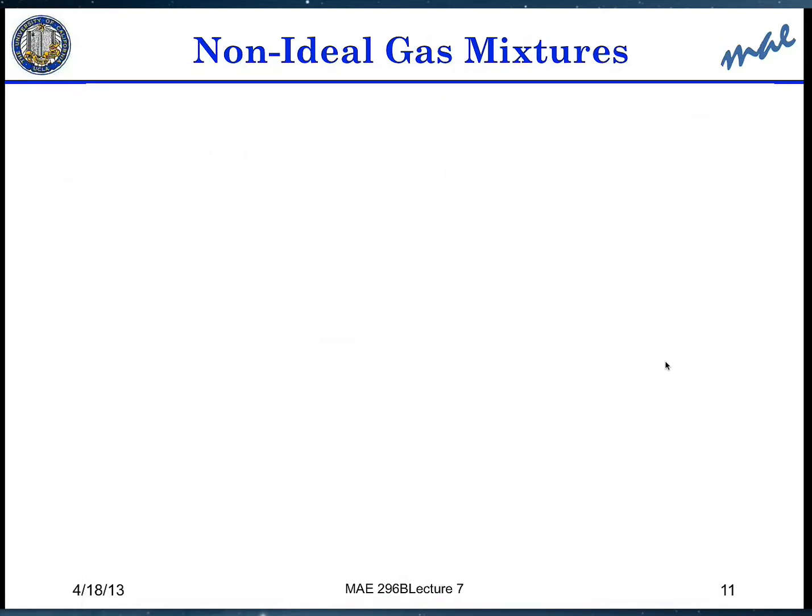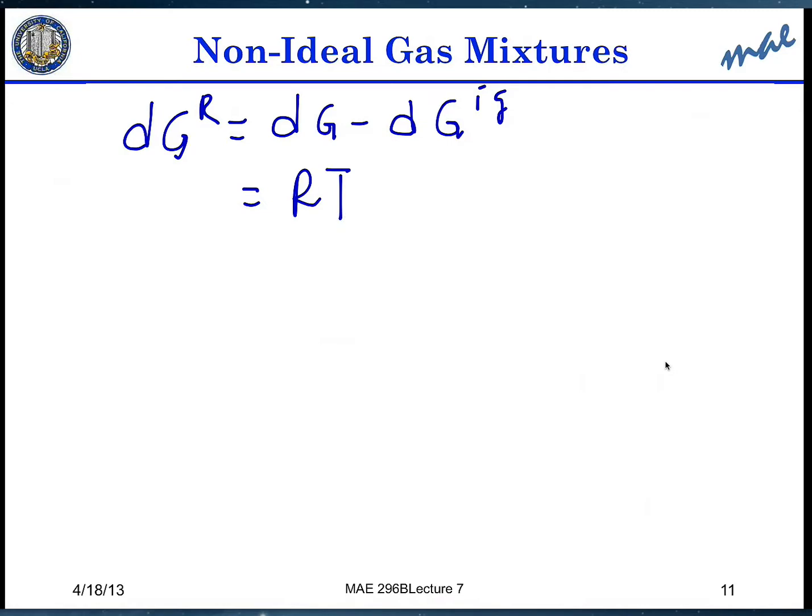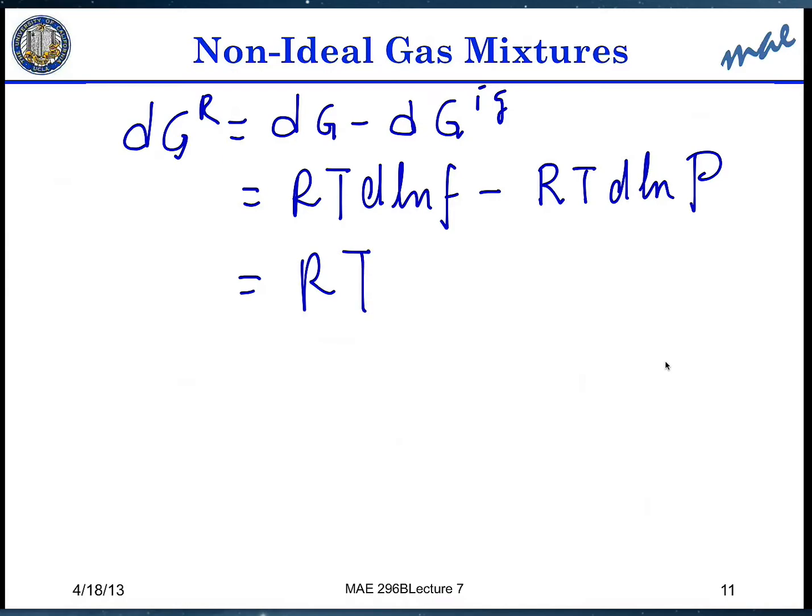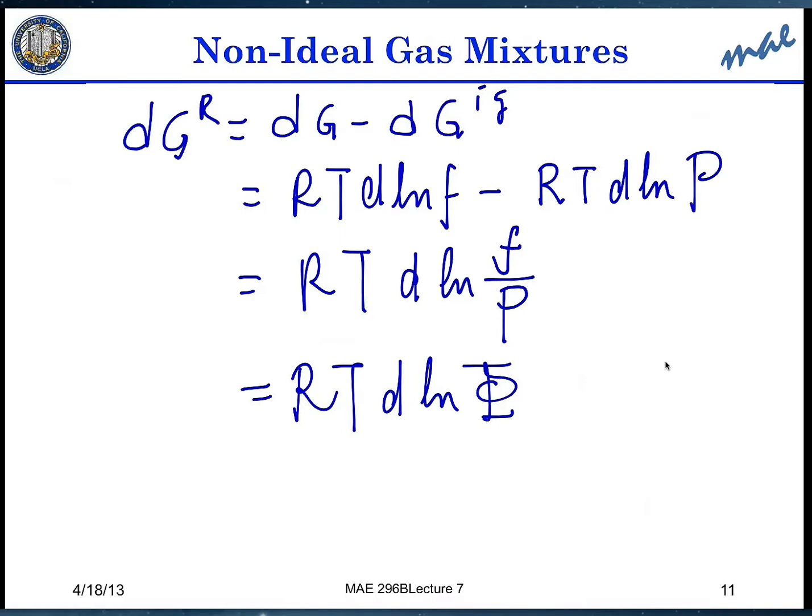As you can see here, I'm going to write dG residual is equal to dG minus dG of the ideal gas. dG residual is RT d ln F as we define it, minus, for the ideal gas, RT d ln P. And using the law of logarithms, this will be d ln of F divided by P, and that is, from our definition, RT d ln phi.